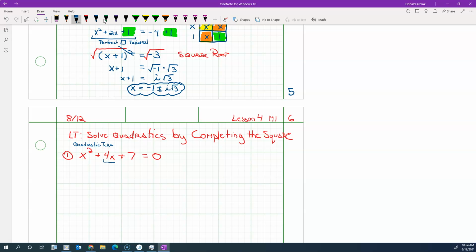This is called the linear term. And this is called the constant. So if I talk about the quadratic term, I'm talking about x squared.